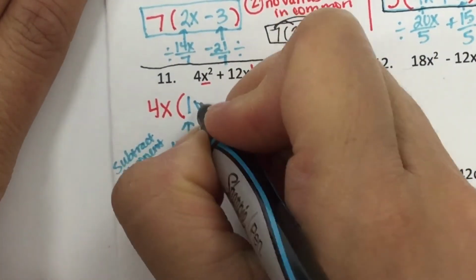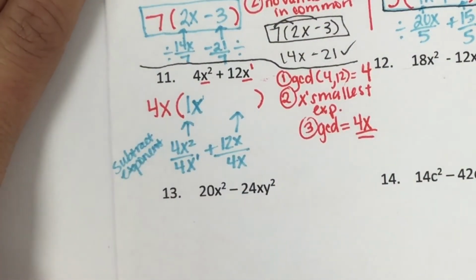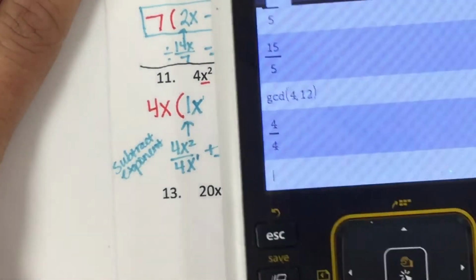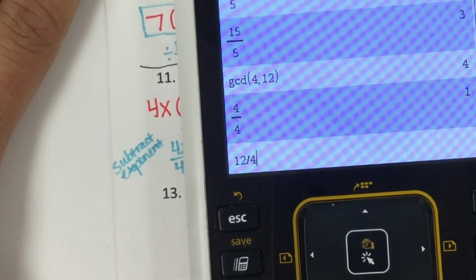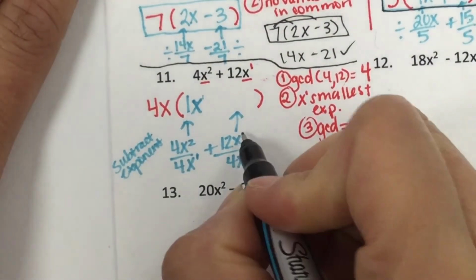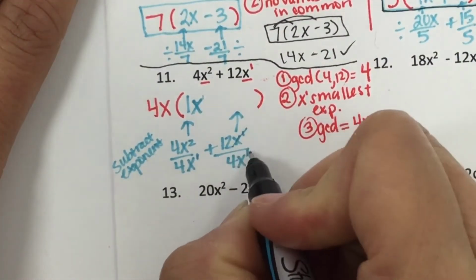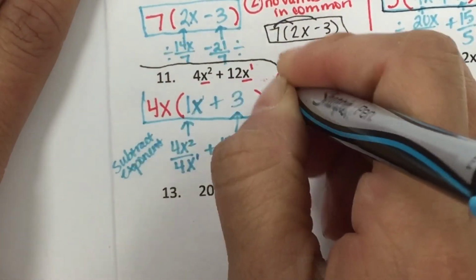X, subtract your exponents, so x to the first power. Here, you're going to take 12 divided by 4. 12 divided by 4 is 3. X divided by x is gone. So plus 3. And this is your final answer.